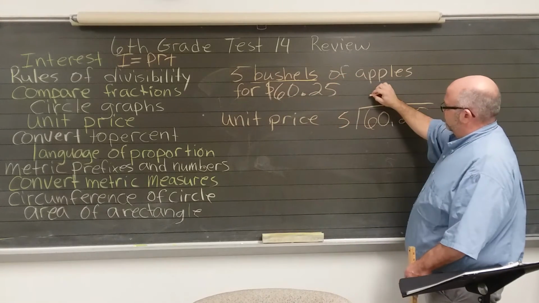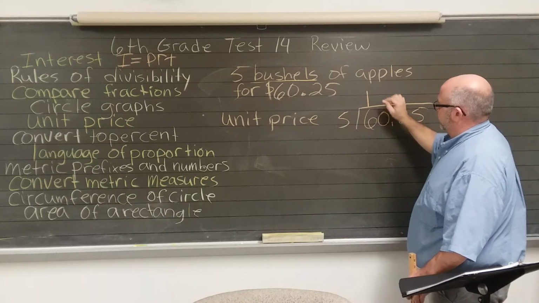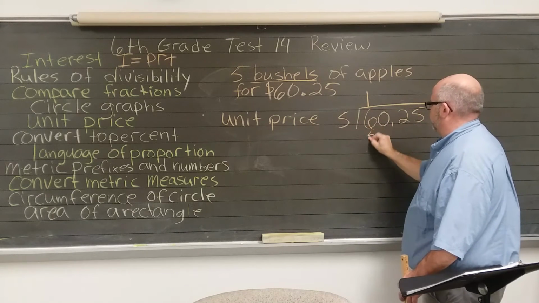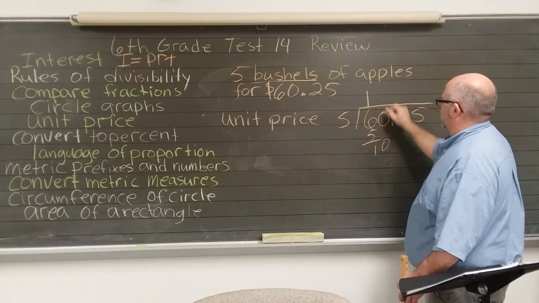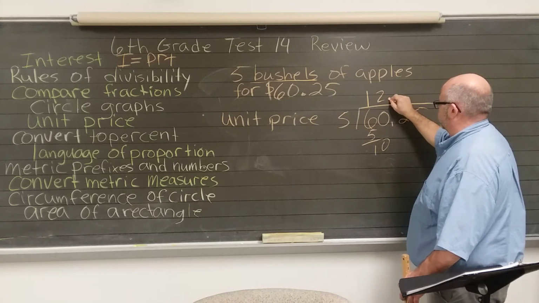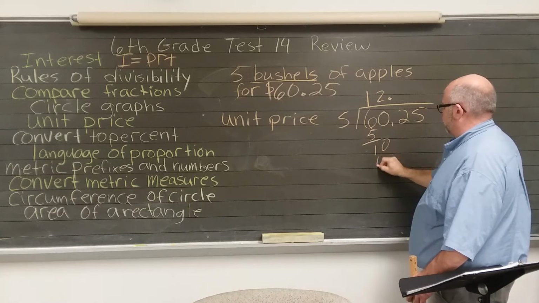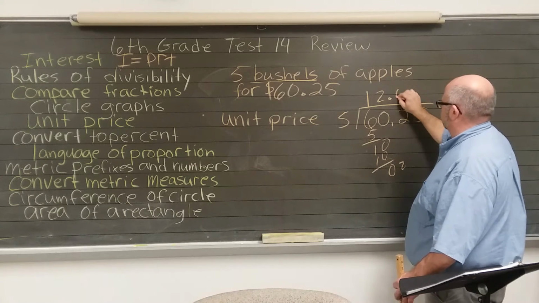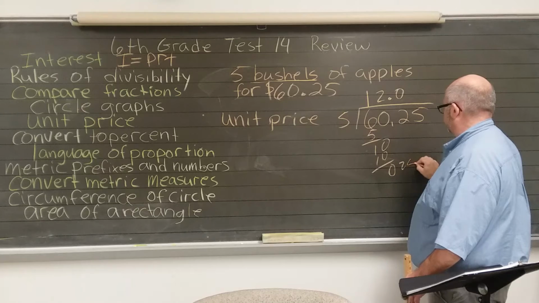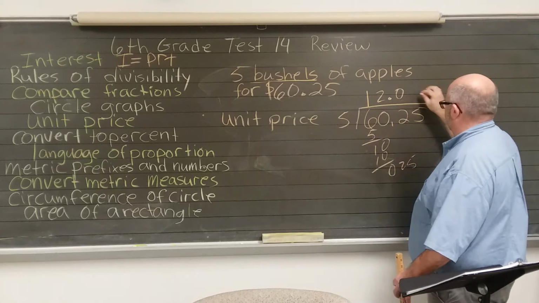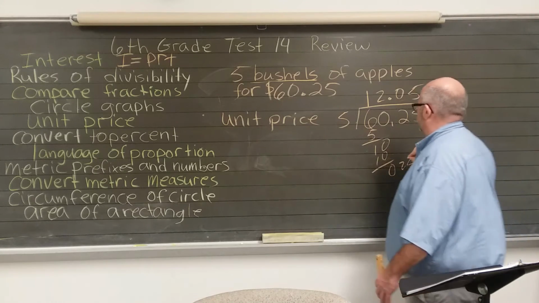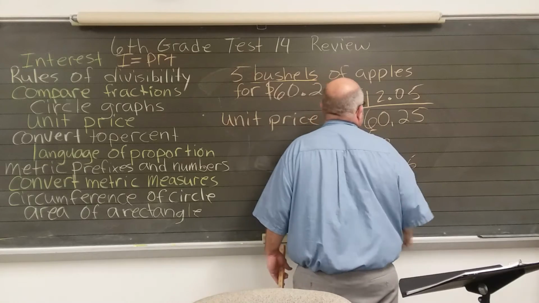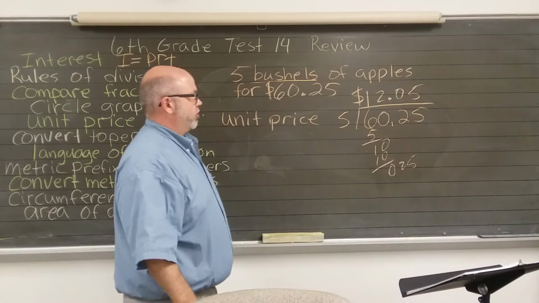Right? 5 into 6, 1, 2 decimal. Okay, that's going to be 10. It's going to be 0. 2, that's going to be 0. 5 into 25 is 5. $12.05 is your answer. That's all you need to have.